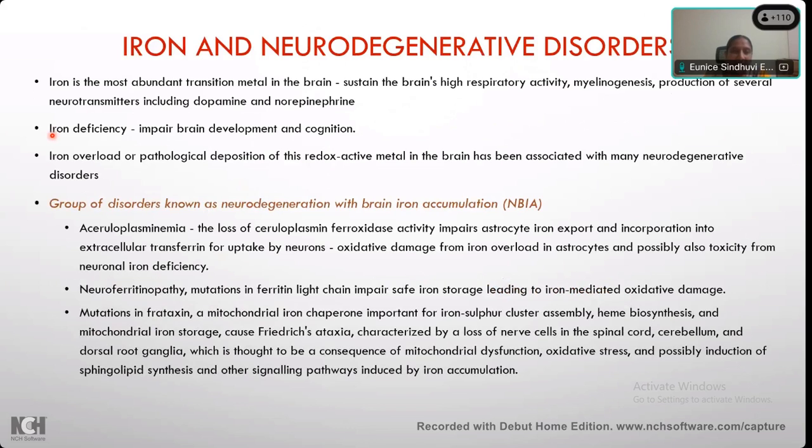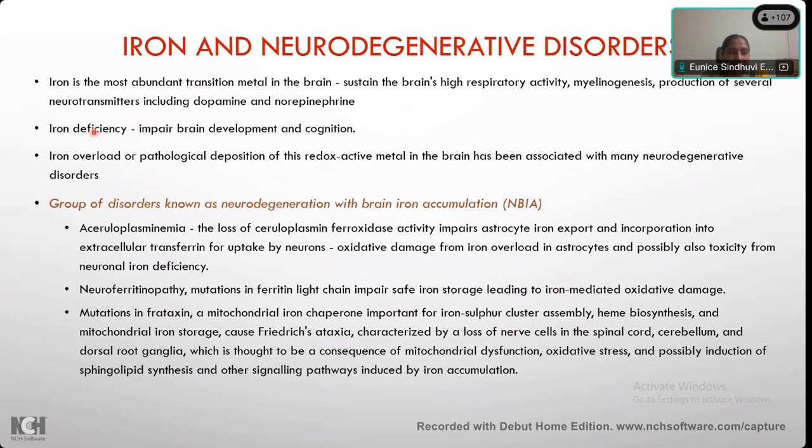In addition to inherited iron disorders, with recent research in various systems, it has been identified that iron plays a major role in neurodegenerative disorders. Iron is the most abundant transition metal in the brain, and it sustains the brain's respiratory activity and is used for myelinogenesis and production of various neurotransmitters.